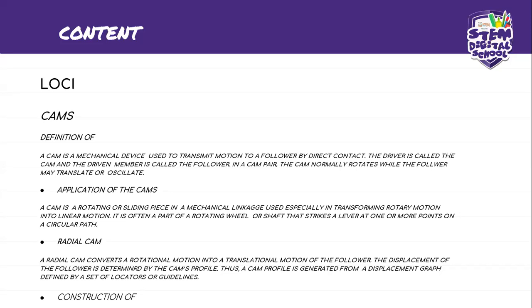So what are the applications with regards to cams? A cam is a rotating or a sliding piece in a mechanical linkage used especially in transforming rotary motion into linear motion. It is often a part of a rotating wheel or a shaft that strikes a lever at one or more points on a circular path.